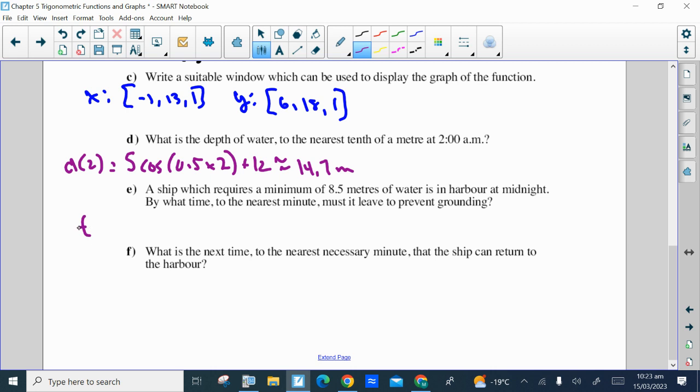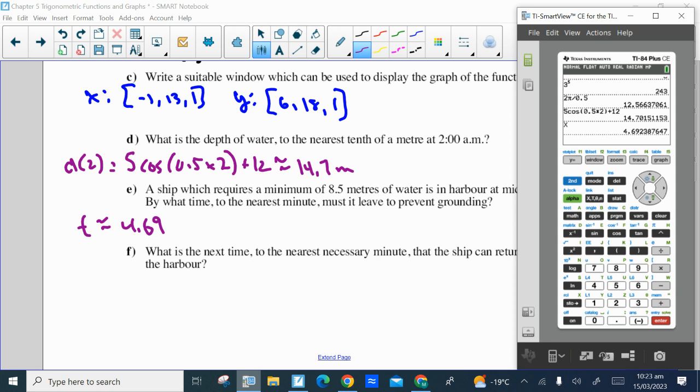So again, t is approximately 4.69 hours, but that's an approximation because to write it down you had to round. If we go back to our calculator, we know that that is between 4 a.m. and 5 a.m., closer to 5 a.m. because 0.69 of an hour is going to be closer to the next hour than the previous.